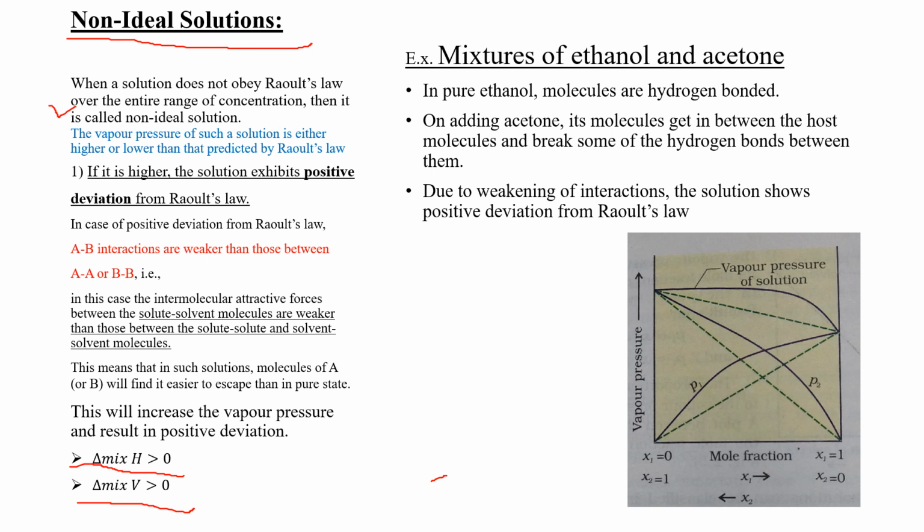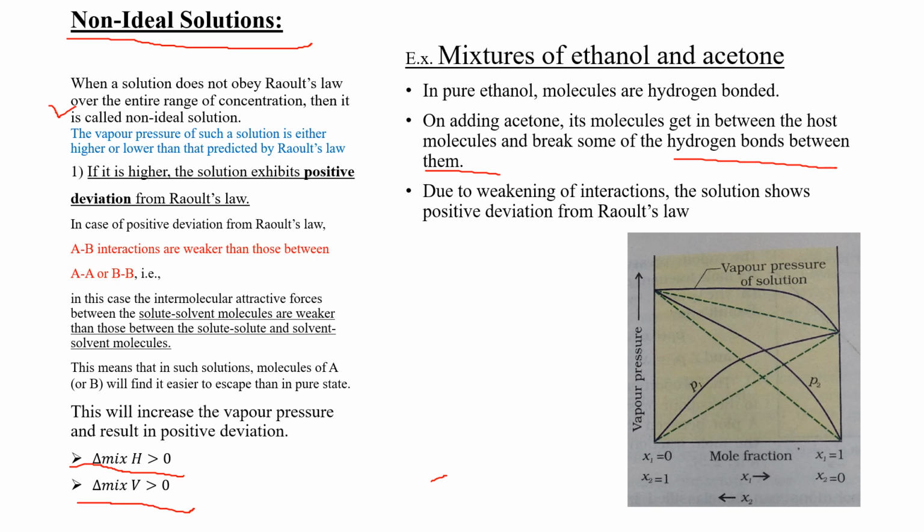The hydrogen bonds which are formed between the ethanol molecules, as we add acetone to that, those hydrogen bonds can break to some extent and the host molecules will get attached. Now due to weakening of interaction, the solution shows positive deviation from Raoult's law.